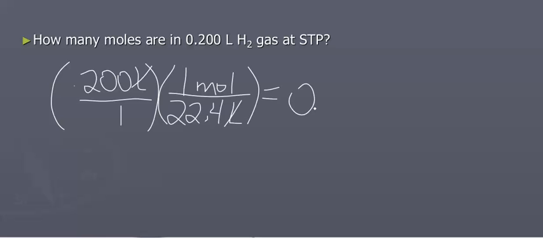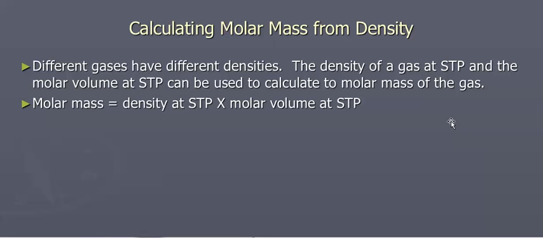So 0.00893 moles of hydrogen gas. We can use that molar volume, the 22.4 liters per mole, to solve for density or solve for molar mass, depending on what we're asked for in the problem.